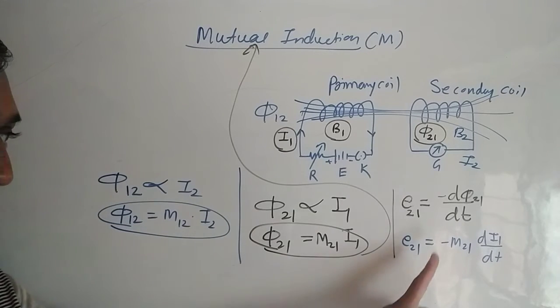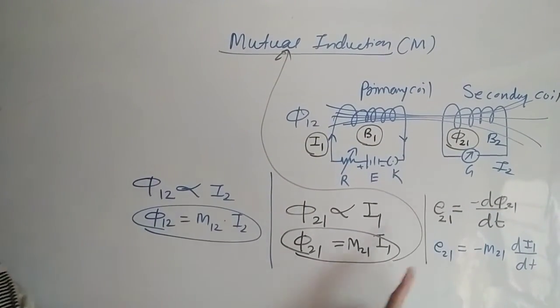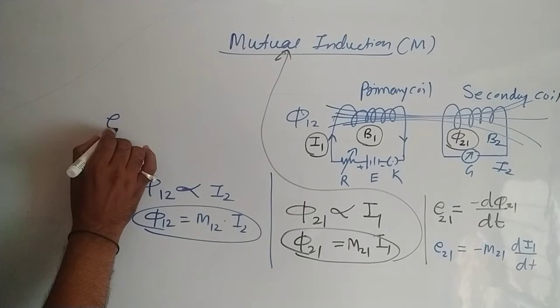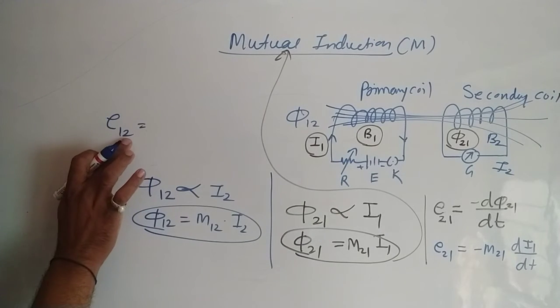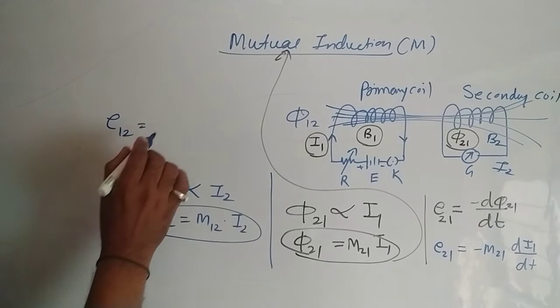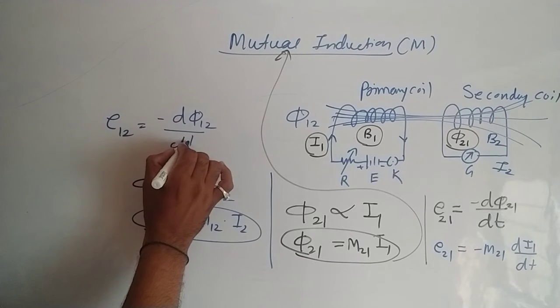Again, apply Faraday's law to this and solve it further. We can write E12, the EMF produced in the first coil due to the flow of current in the secondary coil, equals minus dφ12 divided by dt.